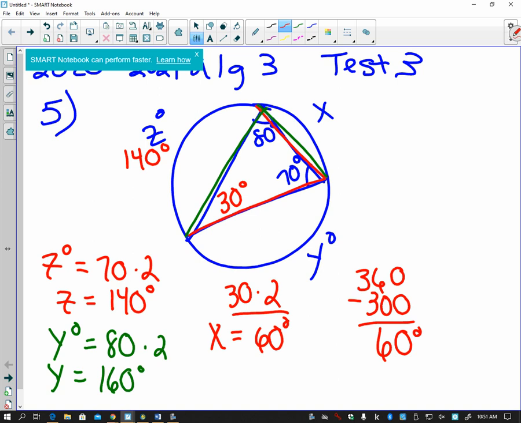So the principle, as you're listening to this, and know that you can't just watch the video with the sound off, because there's a lot that I'm telling you that I'm not writing down, okay? So don't just watch it. Listen to it, okay? And what you need to hear is that the inscribed angle is half of the intercepted arc.